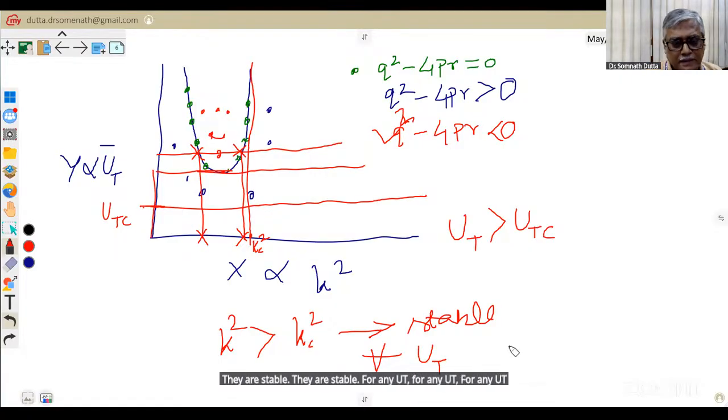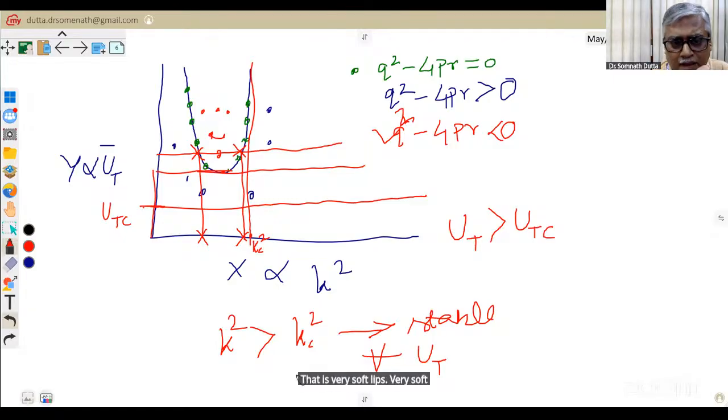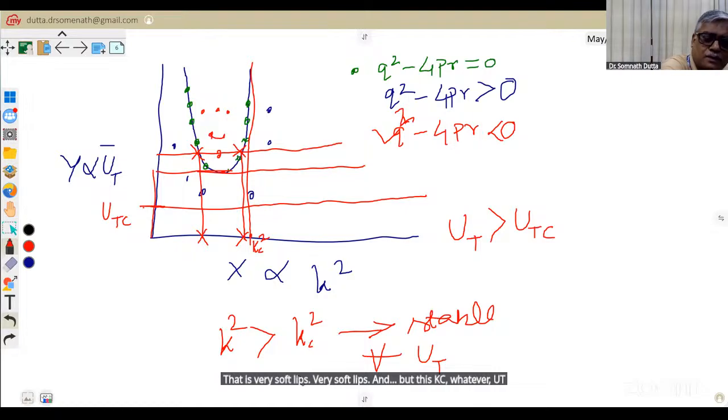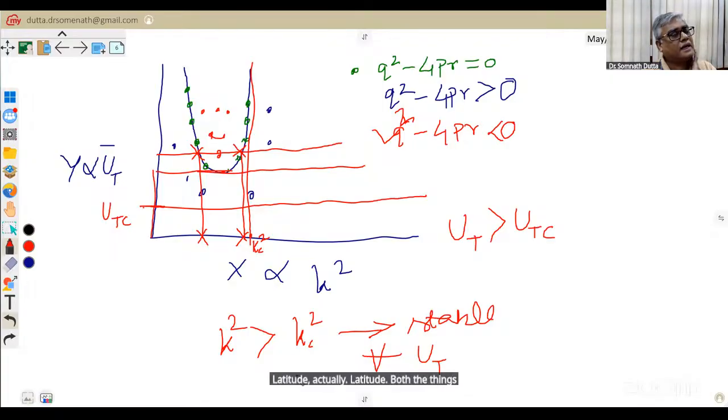But that means very short waves. And this kc, whatever ut, whatever utc, all those things depend on the mean wind as well as your latitude. Both things are required.